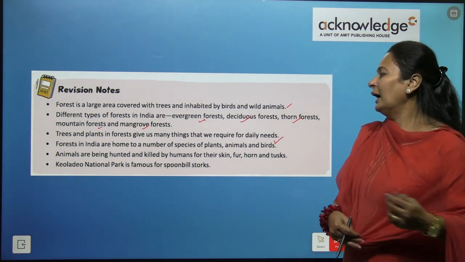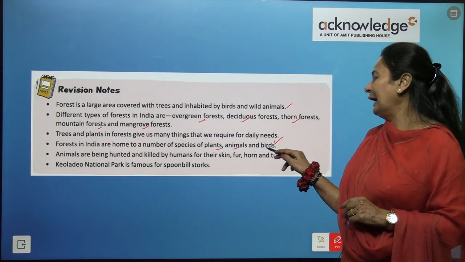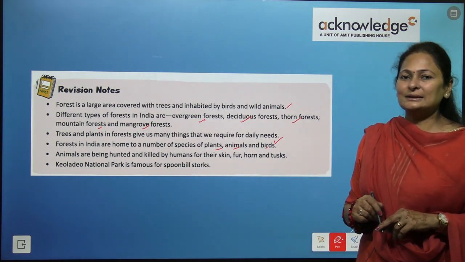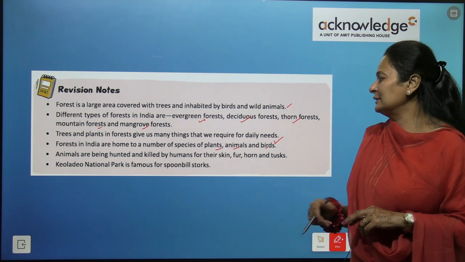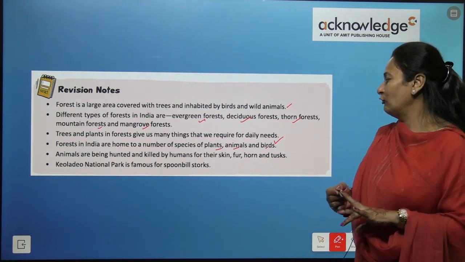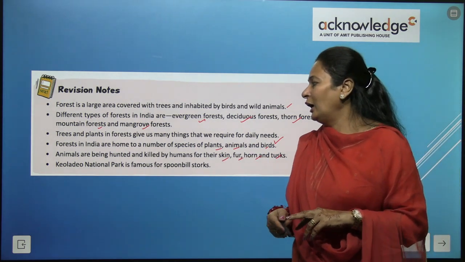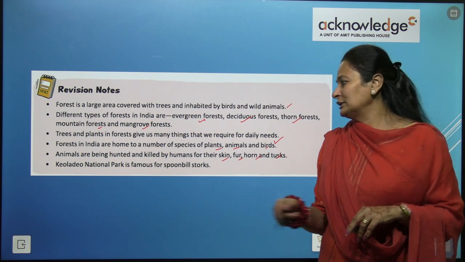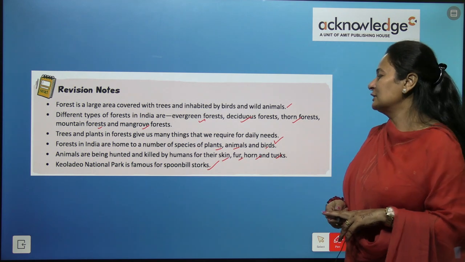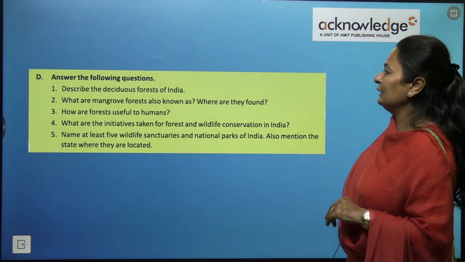Forests in India are home to a number of species of plants, animals and birds. Animals are being hunted and killed by hunters for their skin, tusks, fur and horns, right? Now, Keoladeo National Park is famous for what? Spoonbill storks, right?